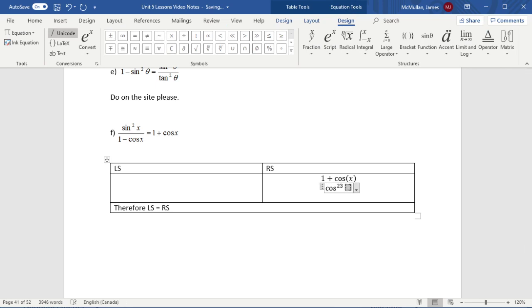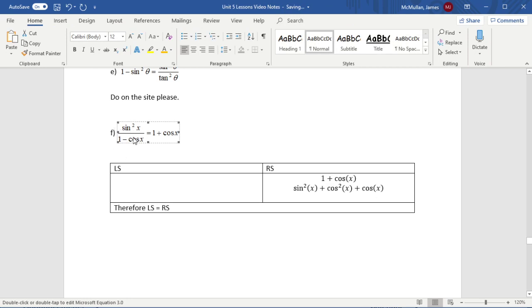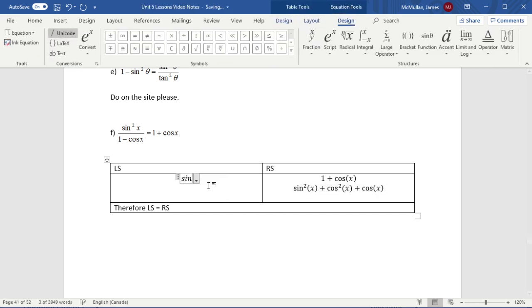You could replace the 1 with sine squared plus cos squared, but I don't see how that helps me, and it doesn't make it look more similar to the left side. It kind of looks like a dead end. Let's look at the other side: sine squared x over 1 minus cos x.